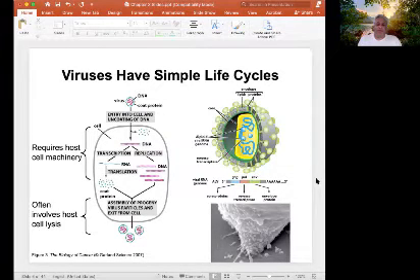Most viruses have simple life cycles. Their job is to latch onto a target cell, and that's determined by the compatibility between the surface of the virus and the surface of the cell.